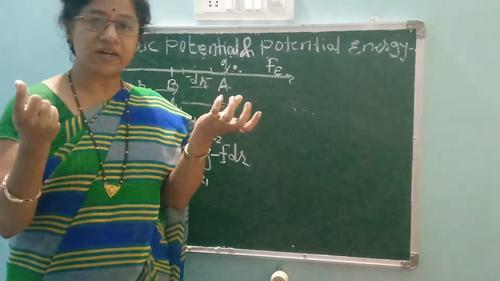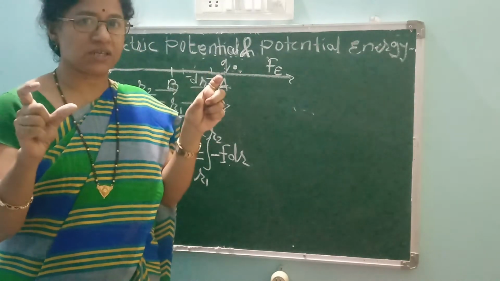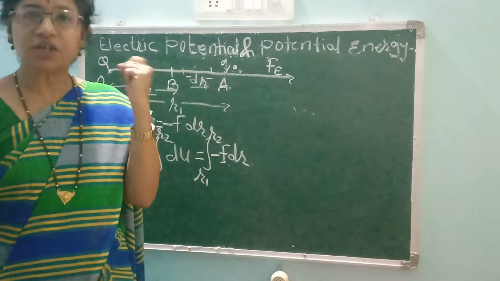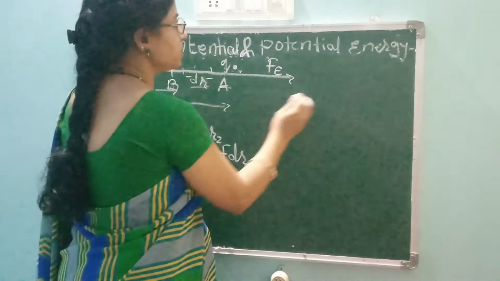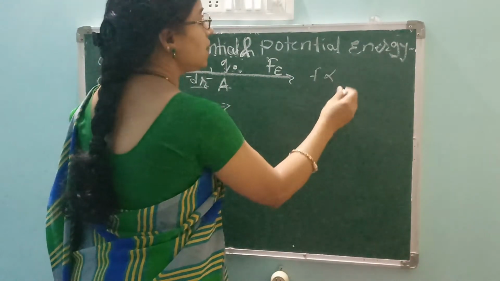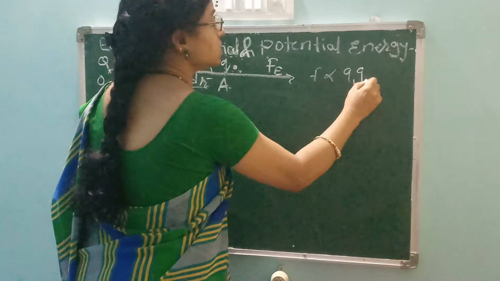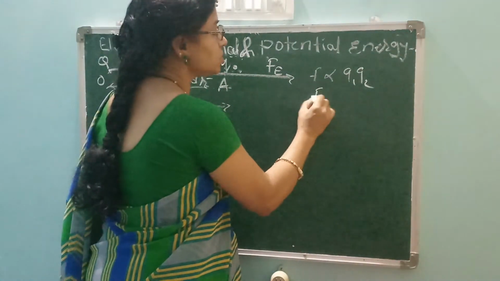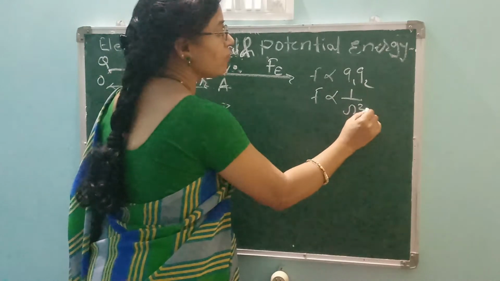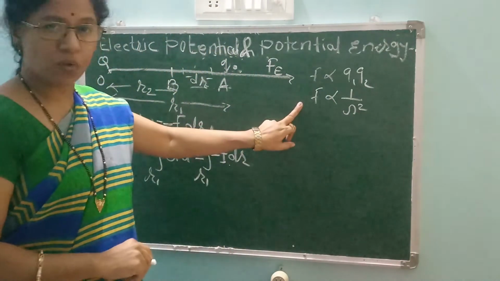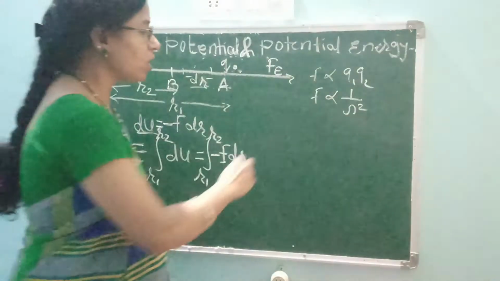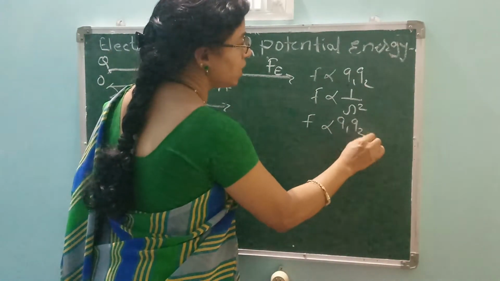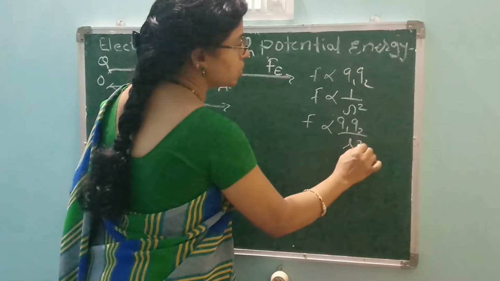Now Coulomb's law holds for two charges. Two charges, if you are taking, that are q1 and another one q2. Now the force is directly proportional to the product of the two charges, and inversely proportional to the square of the distance between them. If we combine both, F is directly proportional to q1 q2 and inversely proportional to r squared.